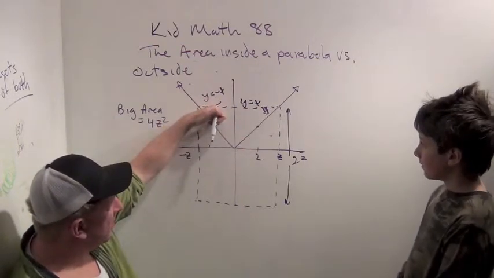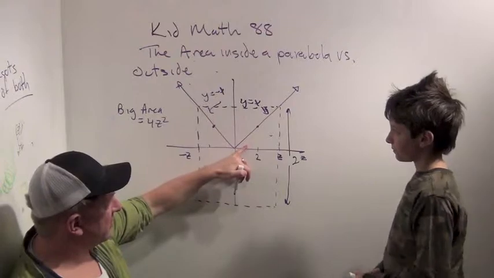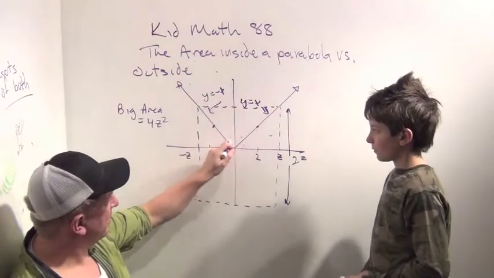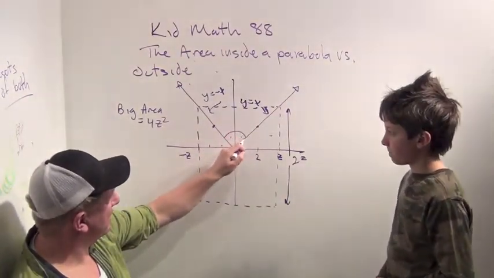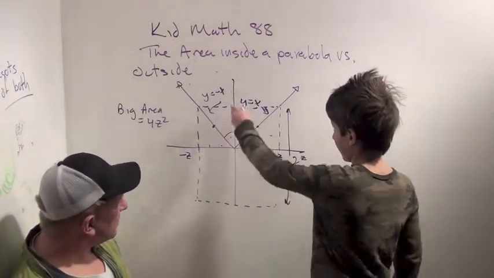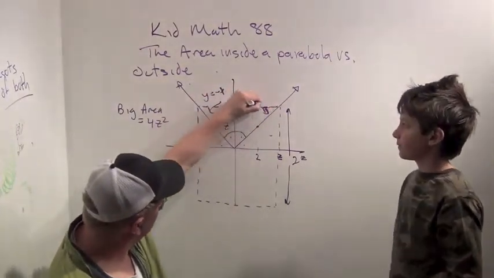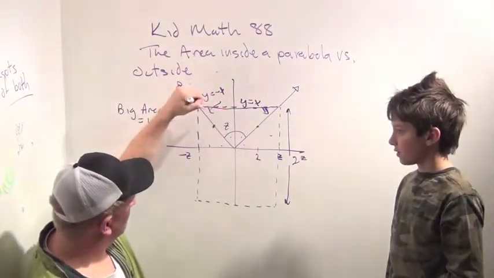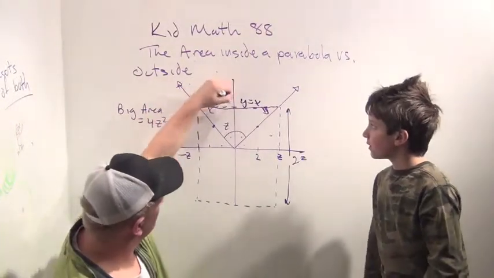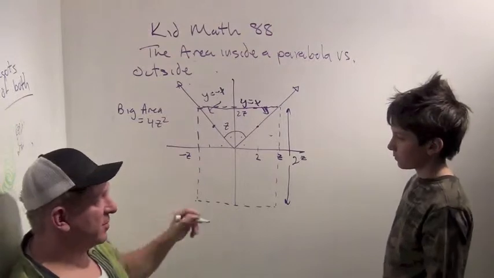Now let's see if we can figure out the area of this triangle here. This is a 45-degree angle here, here, and here. So what's this angle on the inside? That's a 90-degree angle. We know this height is z. How long is this base? It's 2z. So its base is 2z and its height is z. What's the formula for the area of a triangle?